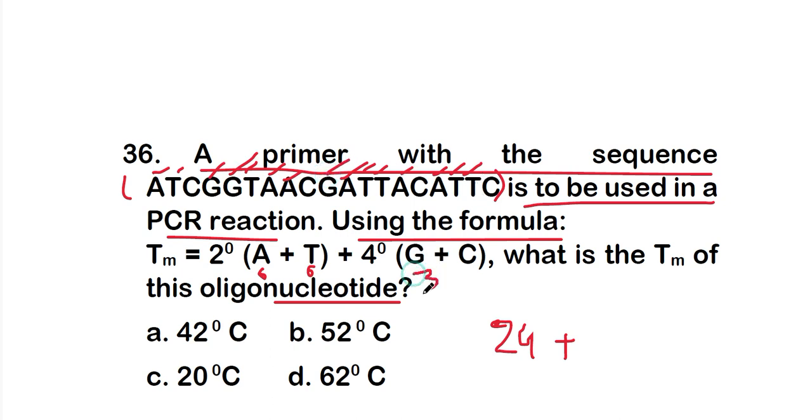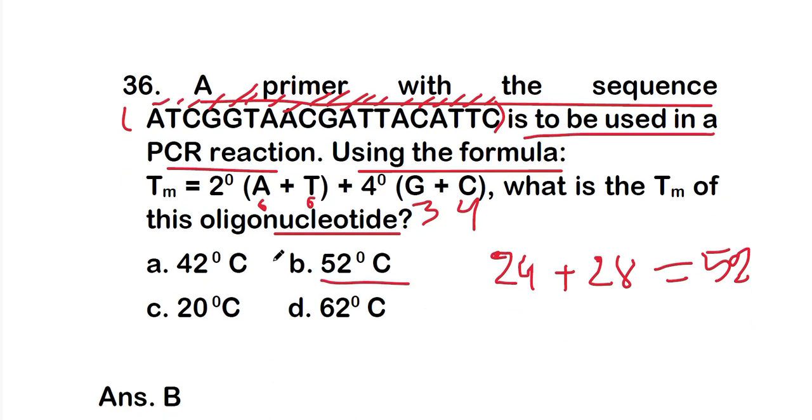Here G is 3 and C is 1, 2, 3 and 4. That is total 7. So 7 into 4, 28. So total will be 52. So the Tm would be 52 degrees Celsius. So the right answer is option B. Option B is the right answer.